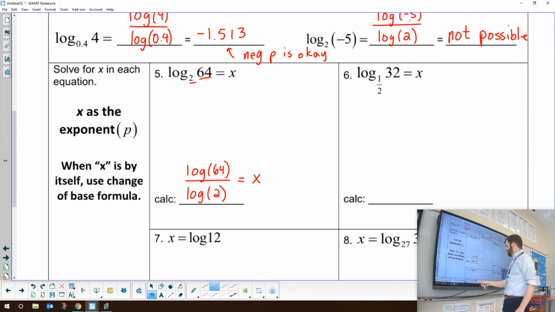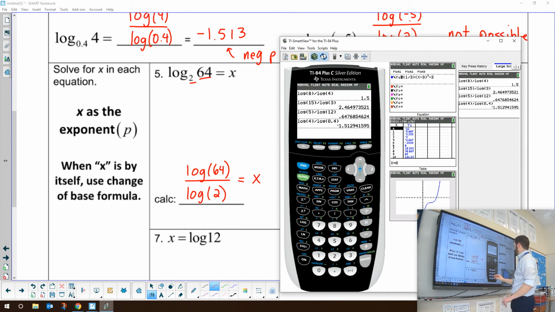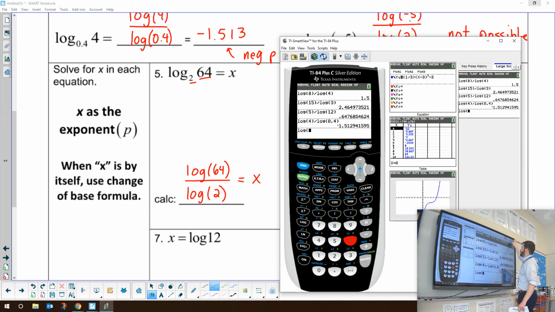We can grab our calculator and go log of 64. Sometimes it freezes up on us. Wish it wouldn't.